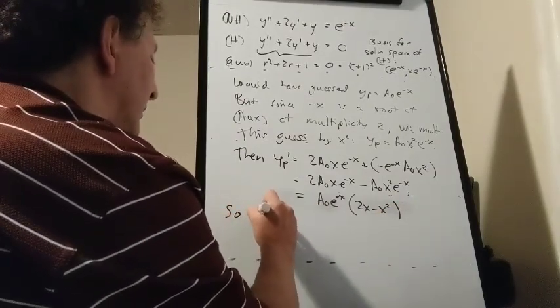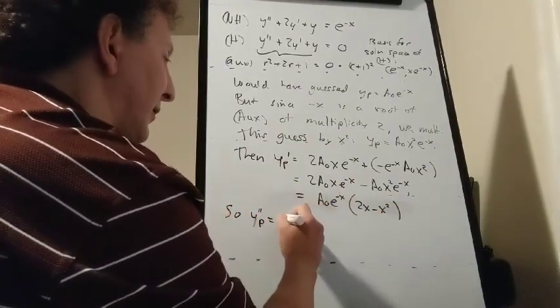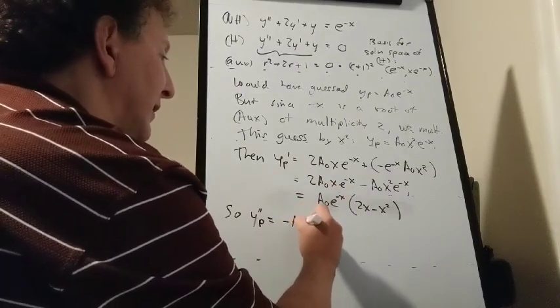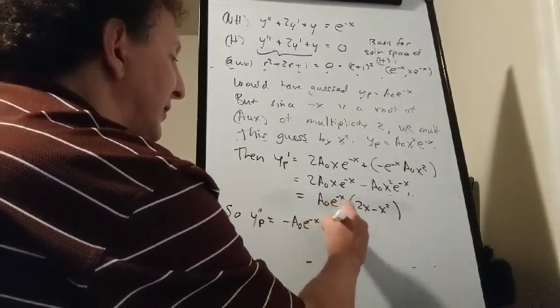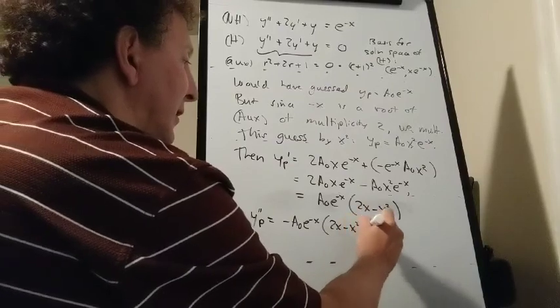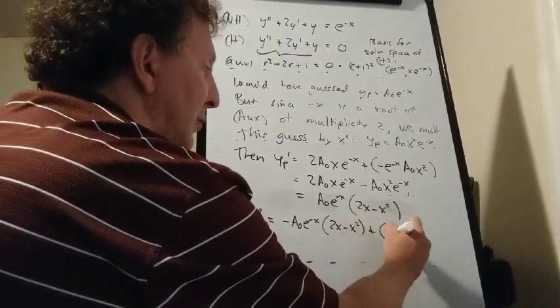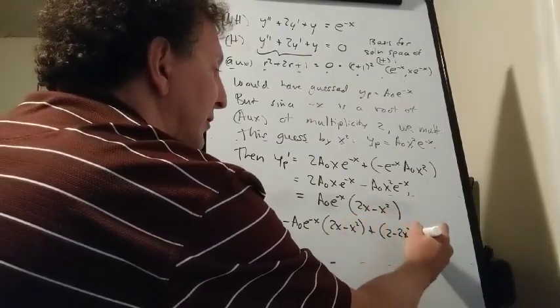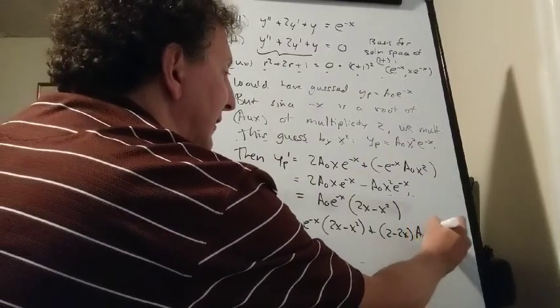So the second derivative is derivative of the first, minus a naught e to the negative x, times the second, 2x minus x squared, plus derivative of the second, 2 minus 2x, times the first, a naught e to the negative x.